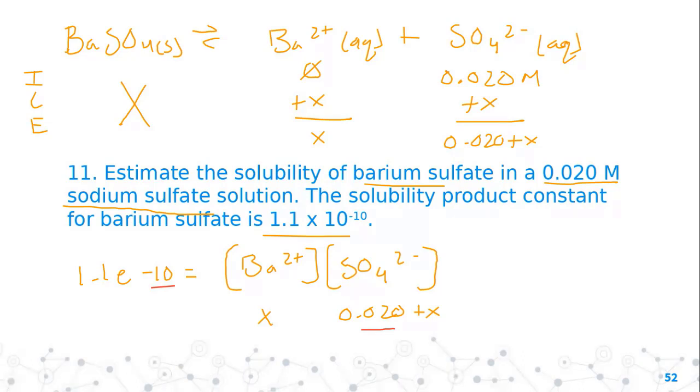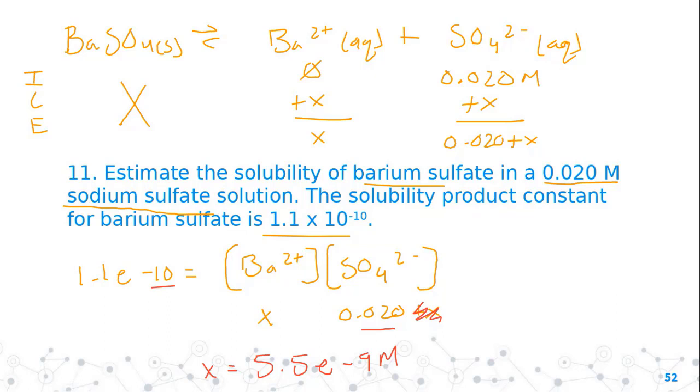They're significantly different enough that we can ignore this x. So we're basically saying the Ksp is equal to x times 0.02, which makes our calculation a little easier. I got x equals 5.5 times 10 to the negative 9 molarity.